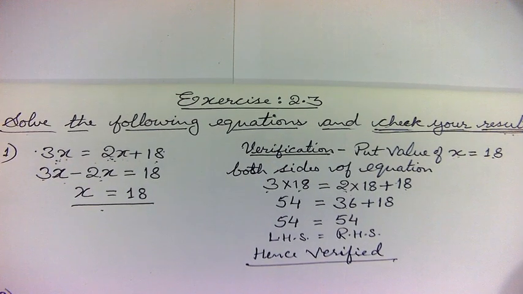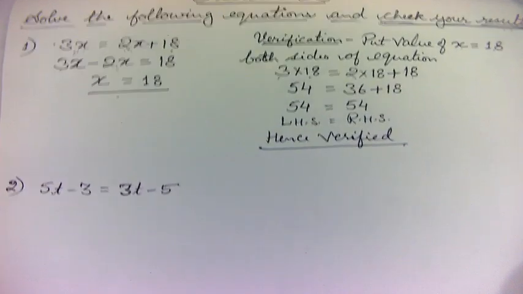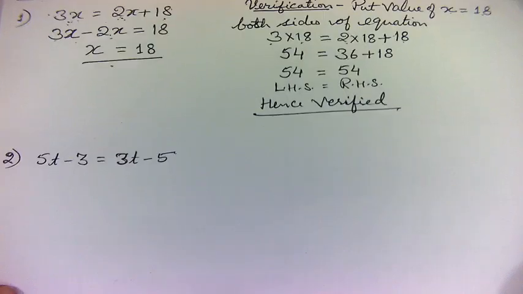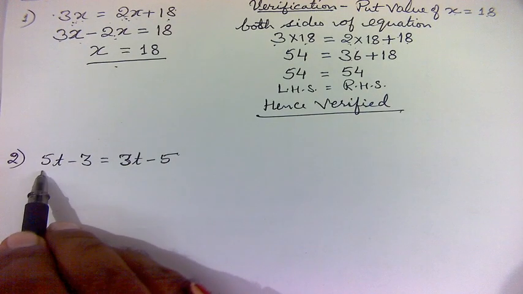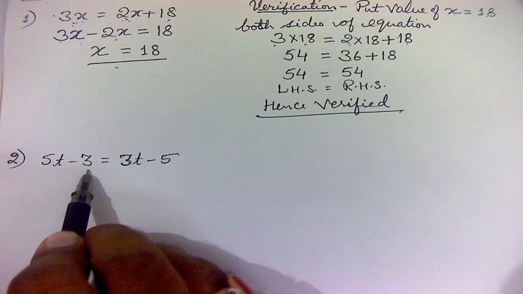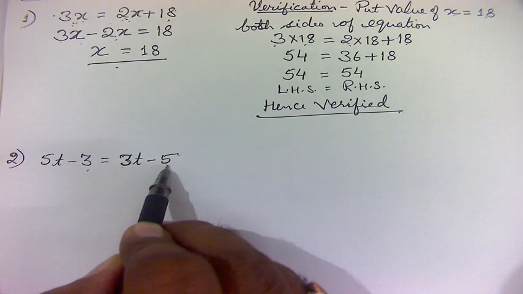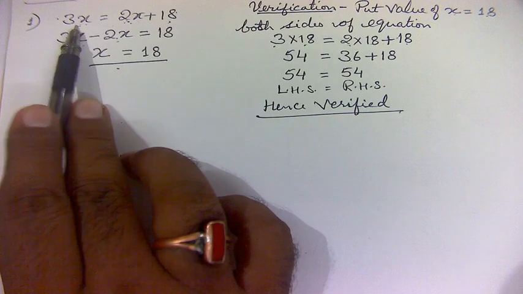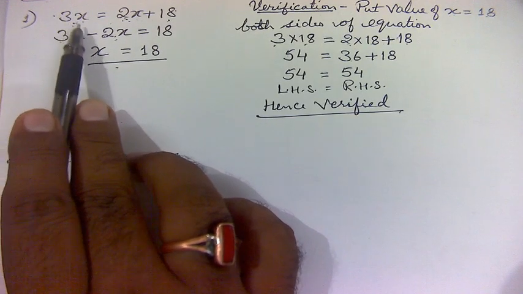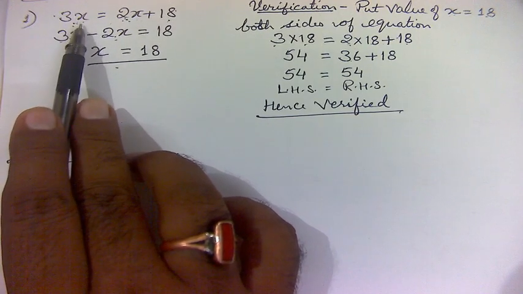Now let us move towards the second question. The equation given to you is 5t minus 3 equals 3t minus 5. In the first equation, on the left hand side you had only the term with the variable. You didn't have a constant value.